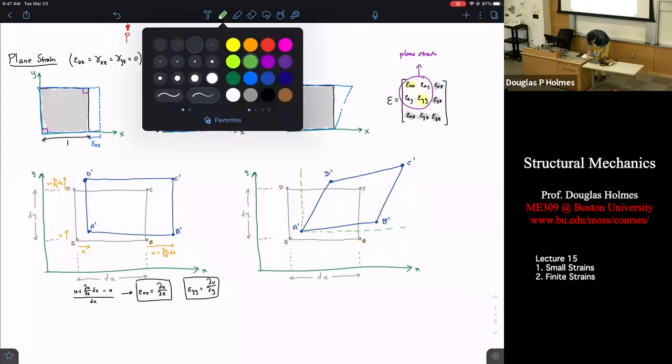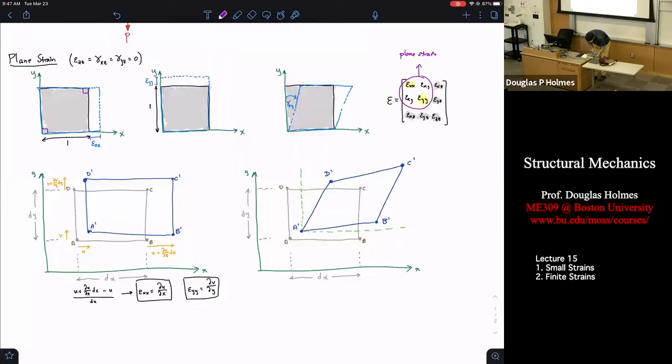We can say, well, this will be an angle. This is a negative rotation, right? This is clockwise, so this is going to be some negative. We'll call it an angle alpha y. And this one is counterclockwise, so that one should be positive.